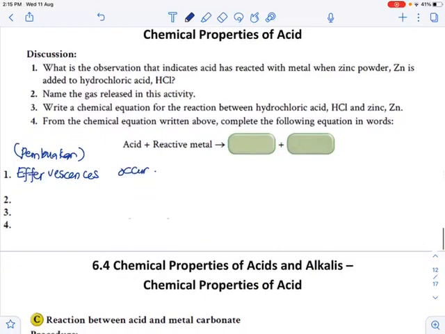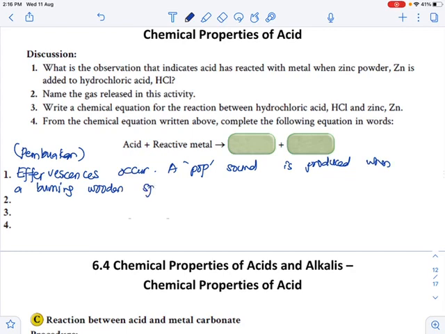Okay. Then a pop sound is produced when a burning wooden splinter is put at the mouth of the test tube.